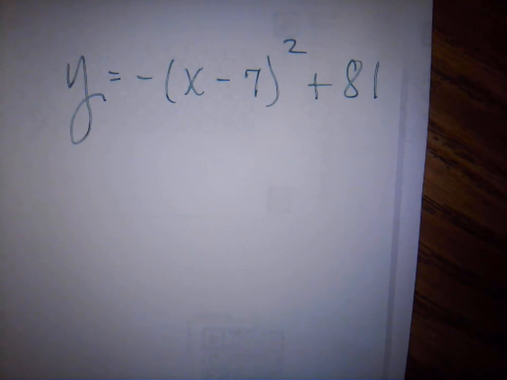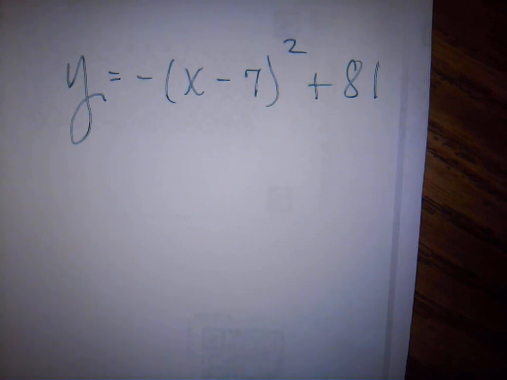You would just say 81? I mean, 81 it's an answer, but I said, what is the minimum or maximum value of this quadratic? Which one? Why? Because it's pointed downward. And what else?